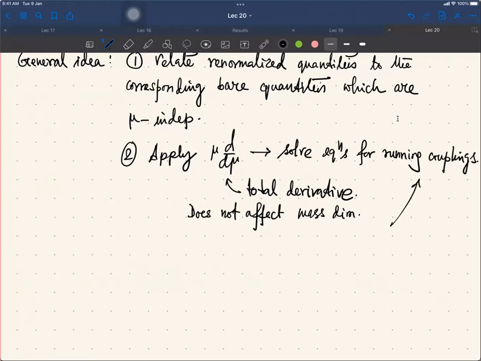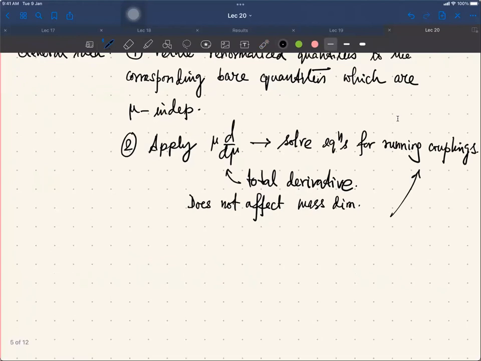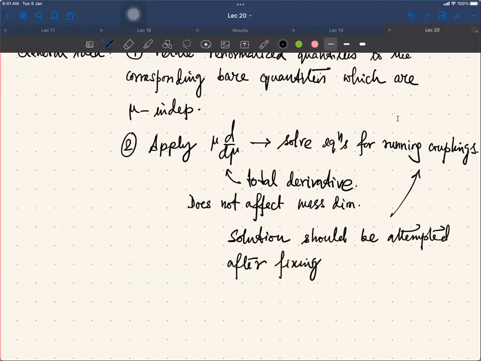So far this is general, but when one solves these equations, one should attempt the solution after fixing the renormalization prescription.